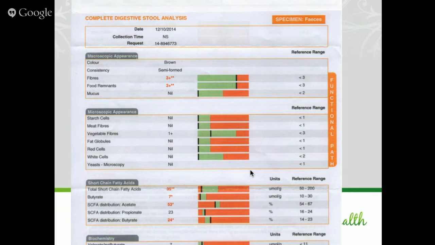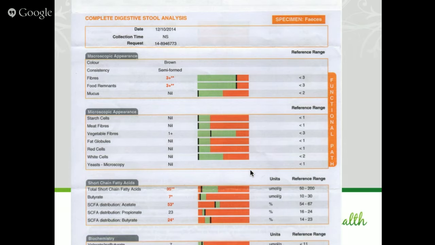So after we've looked at the macroscopic appearance, what does it look like? It's fibrous. She hasn't been actually digesting all her food because there's food remnants in there. Then what does the microscopic look like? So they would have literally seen a whole piece of corn or a whole piece of carrot or whatever it happens to be, and that's why it's macroscopic.